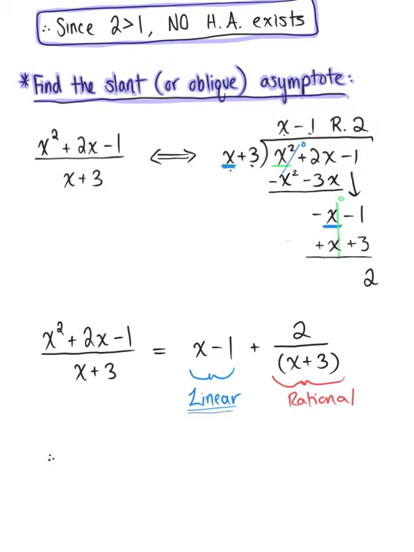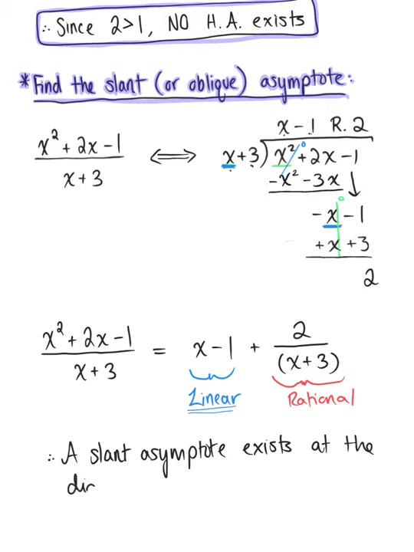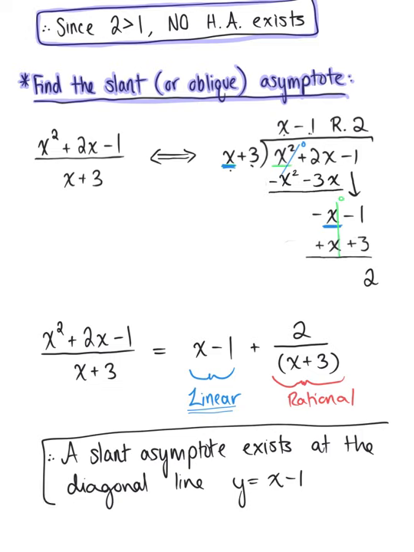And so we can say that therefore a slant or oblique asymptote exists at this diagonal line. So a slant asymptote exists at the diagonal line y is equal to x minus 1. Beautiful.